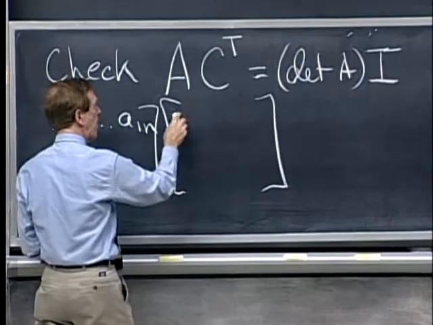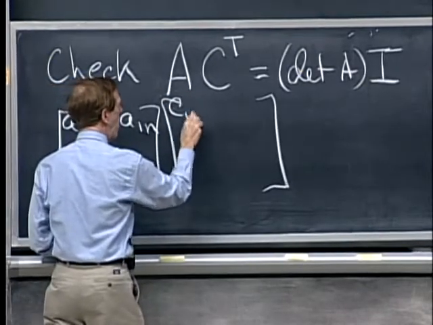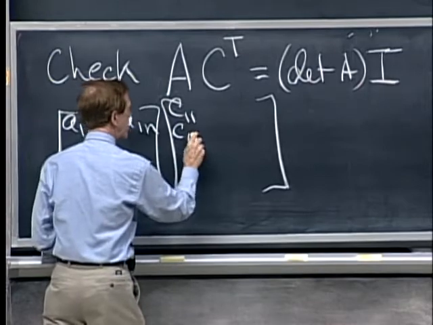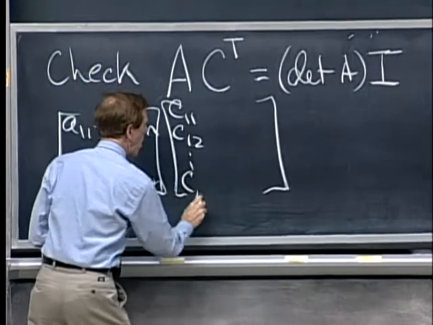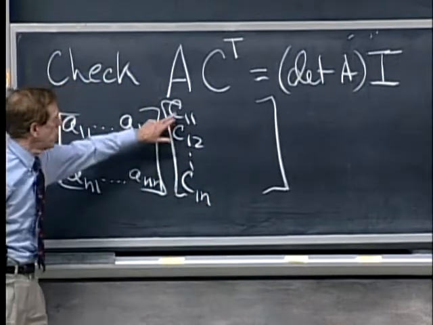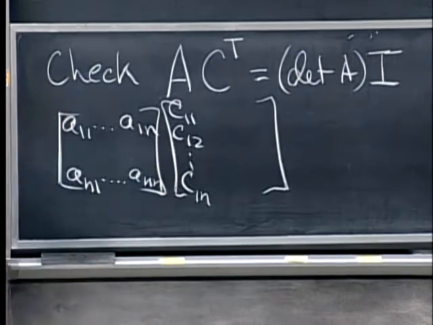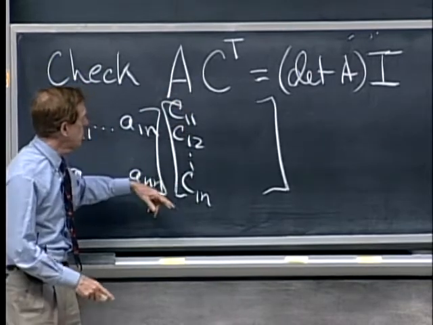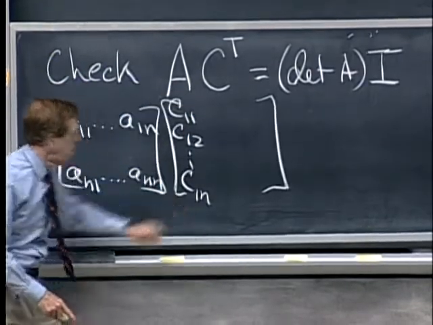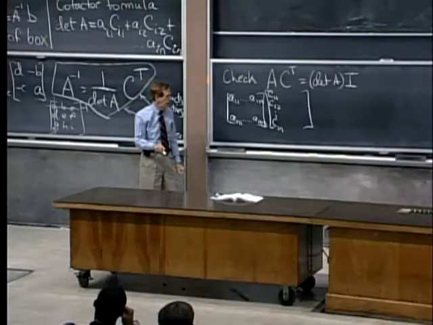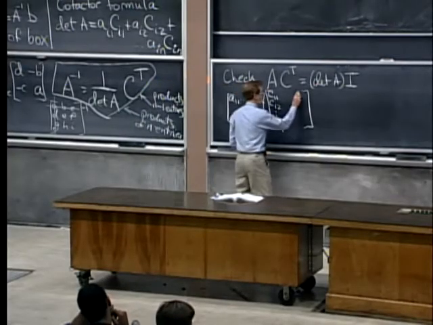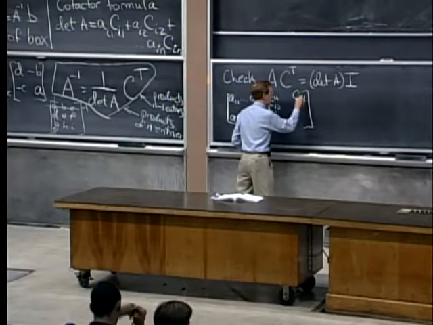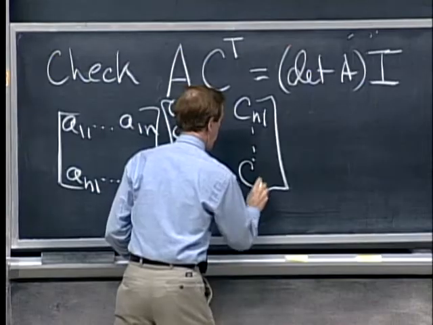So when I transpose, it'll be C11, C12, down to C1n. Notice usually that 1 coming first would mean I'm in row 1, but I've transposed, so this first column are the cofactors from row 1. And then the last column would be the cofactors from row n.